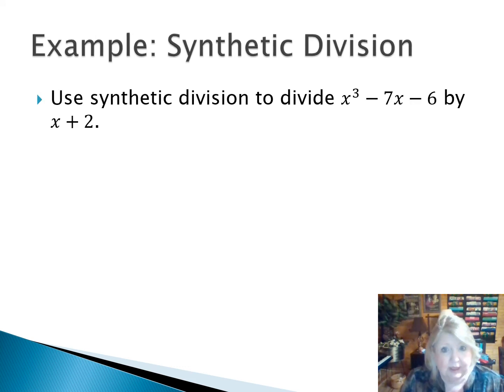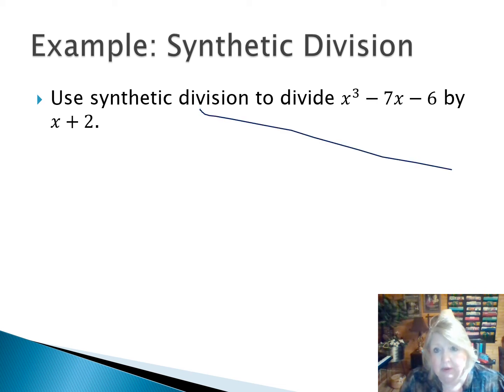Now let's see what that's going to look like. First of all, I am in descending order, but I don't have any x squared. So I want to think of my dividend here as 1 x cubed plus 0 x squared minus 7x minus 6. Now to do my synthetic division, I'm also going to think of this as x minus negative 2.